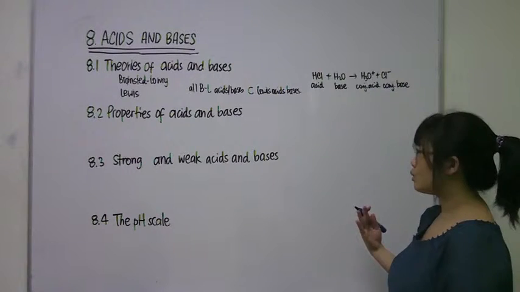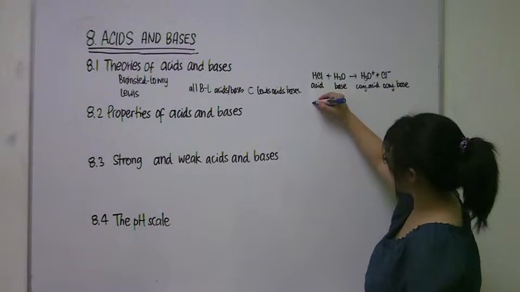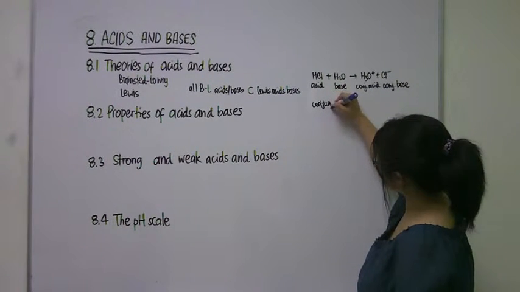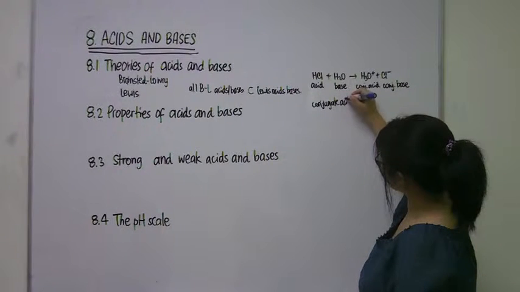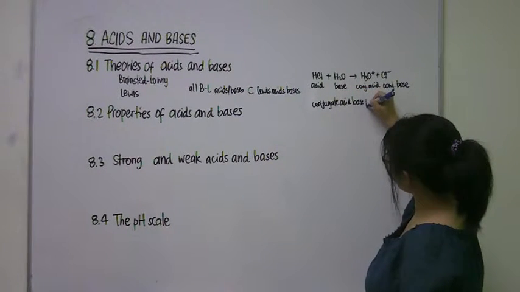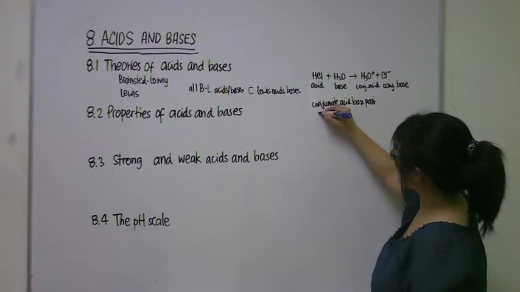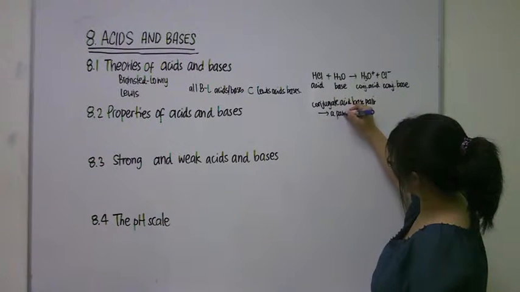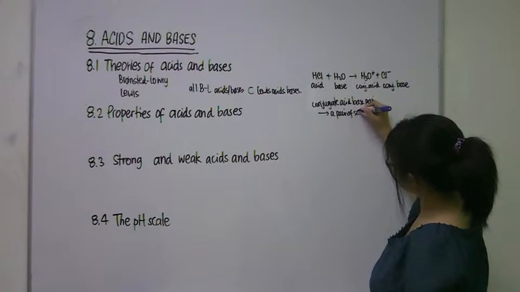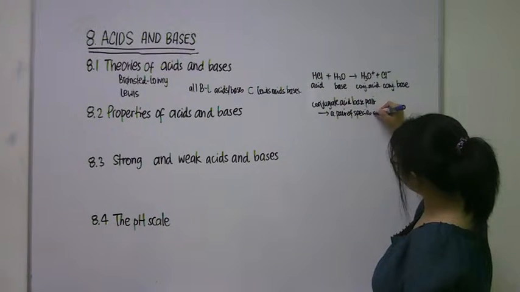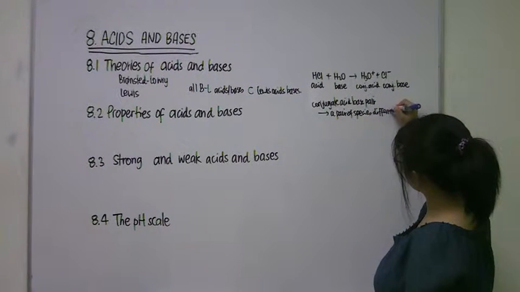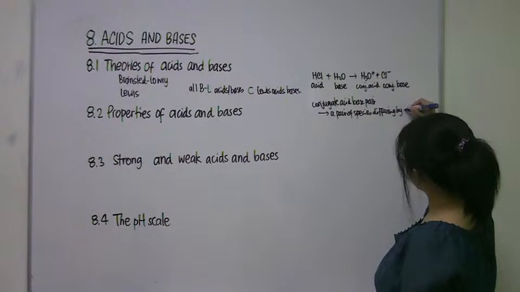Okay, if you are asked to define a conjugate acid-base pair, this refers to a pair of species differing by H plus.